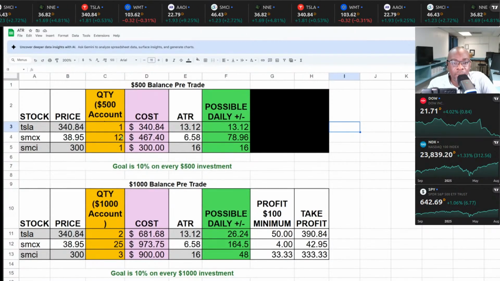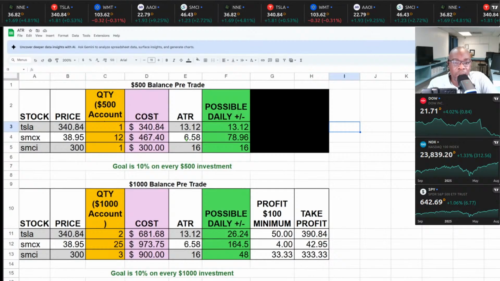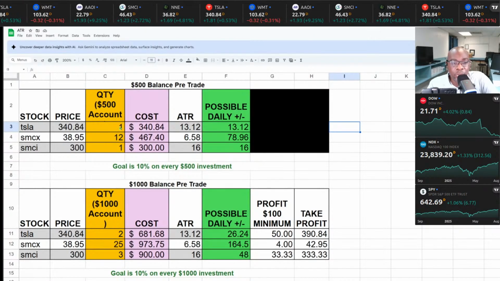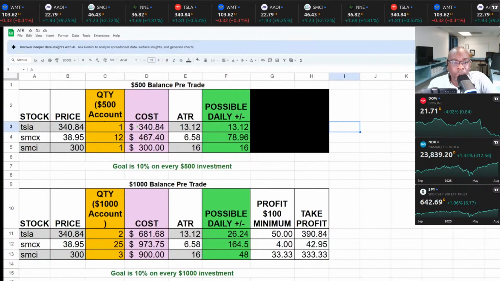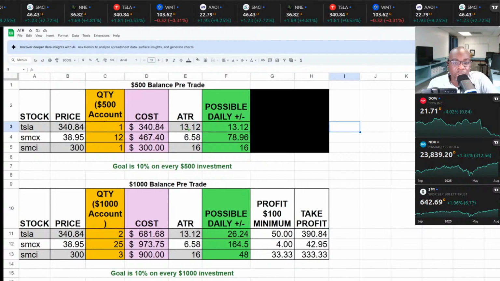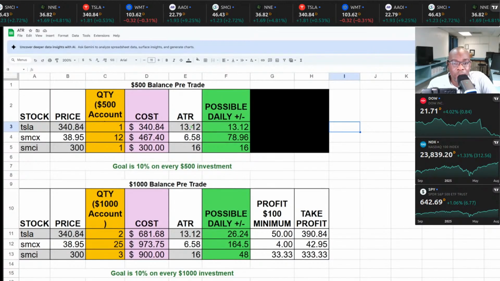You're able to buy 12 of those stocks, and each one of those stocks could move up or down $6.58. Where you have $500, you can only buy one share of Tesla for $340.84, but you're only going to make $13.12 for the day because you don't have that many stocks.